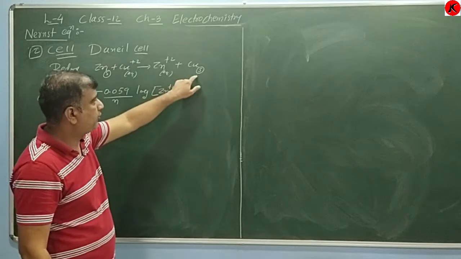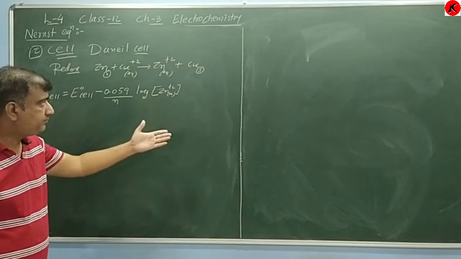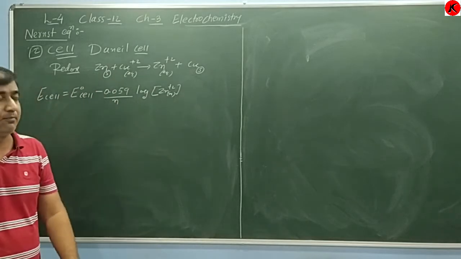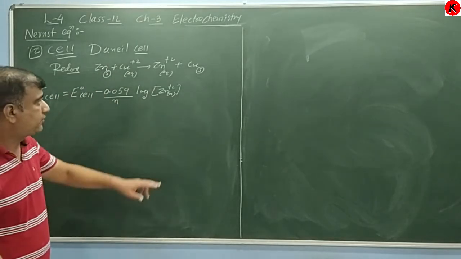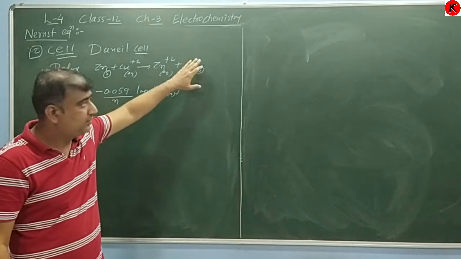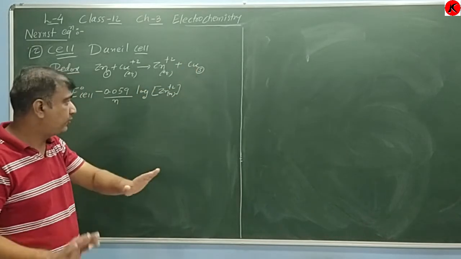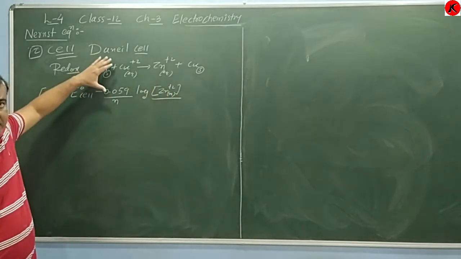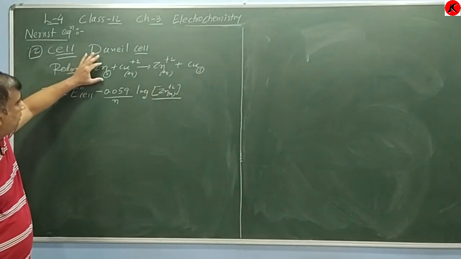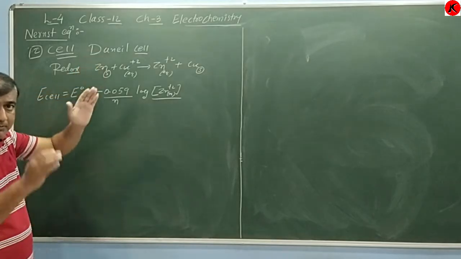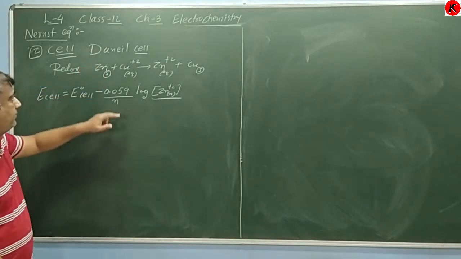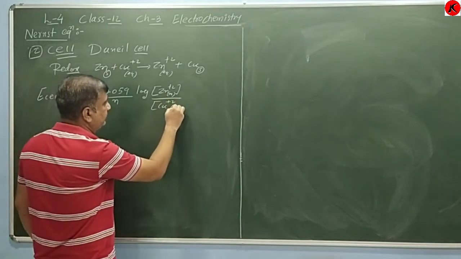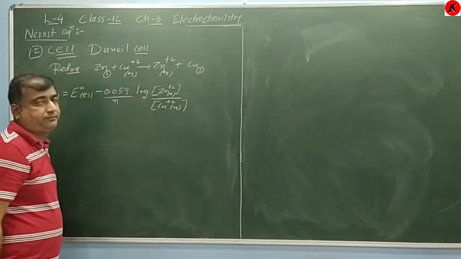Now Cu is solid. Remember, the species which is in solid form or liquid form has constant concentration, so there is no need to write it. Again divided by concentration of reactant. Here Zn is in solid form, that means constant, and divided by Cu2+ aqueous.